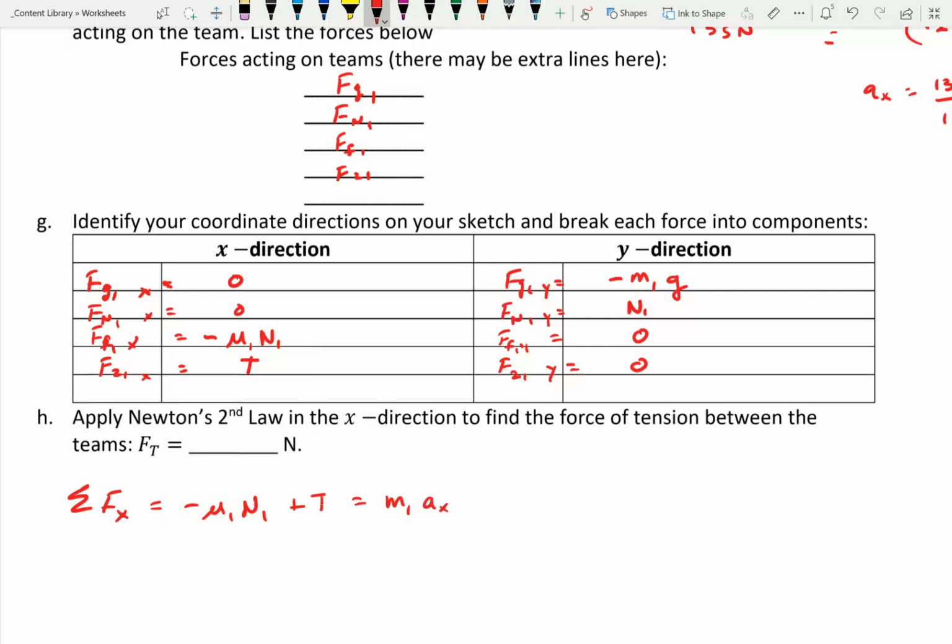Now, if we look at this, mu1 n1. Well, how big is n1? I really need to do the y direction. I didn't give the instructions here, so this is one where you have to step outside the box. Sum of the forces in the y direction is equal to ma in the y, which is 0. So I'm going to have minus m1g plus n1 equals 0.